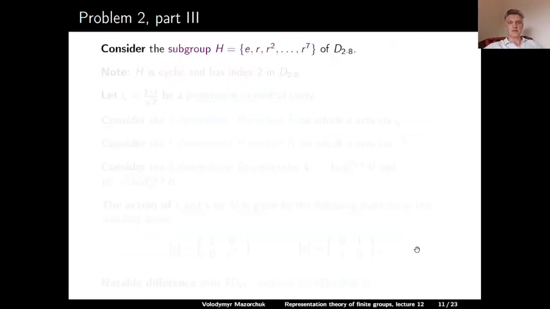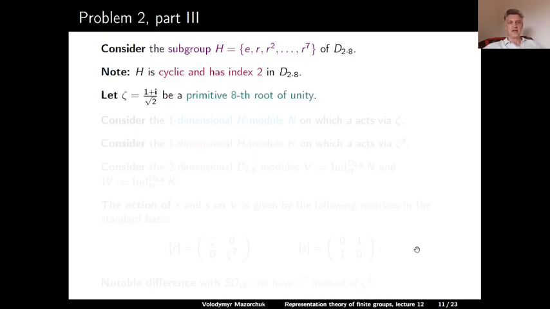So similarly to the previous problem, consider the subgroup H of D2 times 8, which consists of all powers of the rotation R. Again, this is a cyclic group of order 8, and it has index 2 in D2 times 8. So we take the same primitive 8th root of unity zeta as we had in the previous problem, and we can consider two one-dimensional H modules.